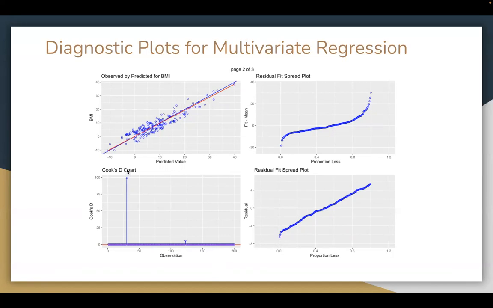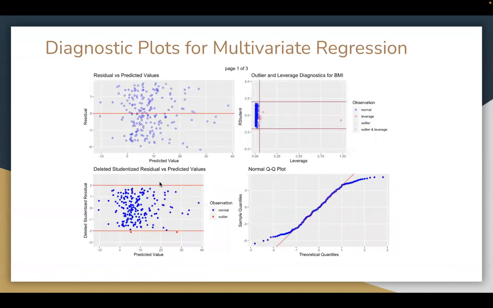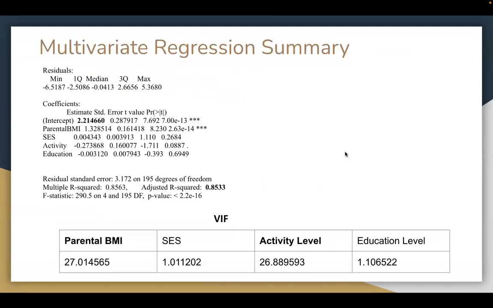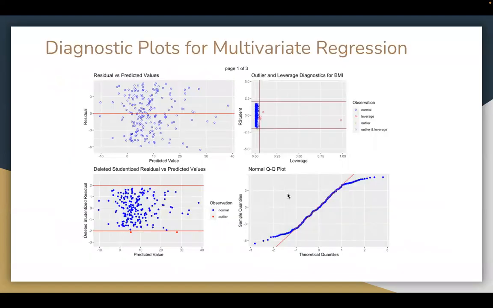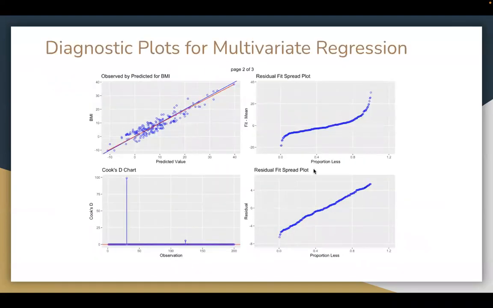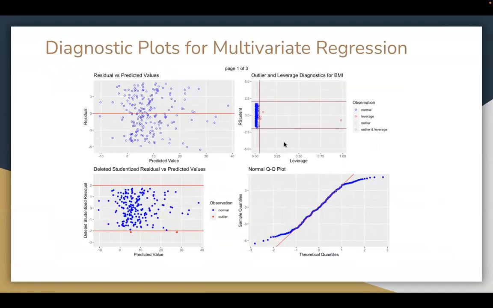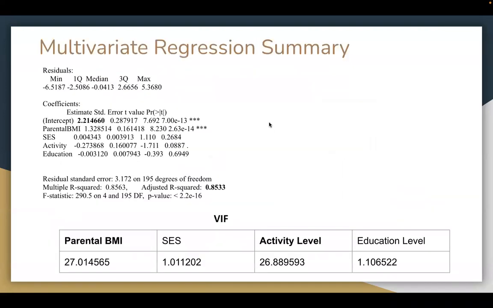So it's possible that this data point over here is causing some of our factors, specifically something like activity level, to have such high VIF levels and not be statistically significant. And then the histogram is also evenly distributed. It looks pretty nice. Back to our summary.